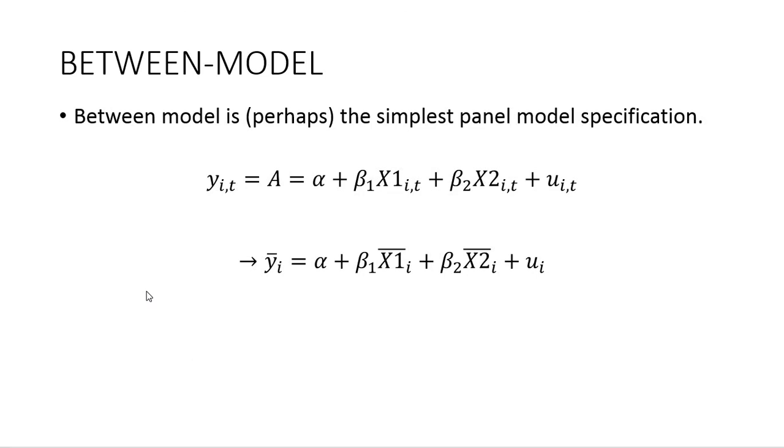This method is relatively primitive. As I told you, it will not allow you to assess the effect of time variation of variables, and probably you should have a relatively big number of groups in order to estimate the between model.